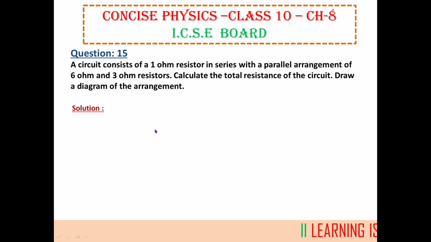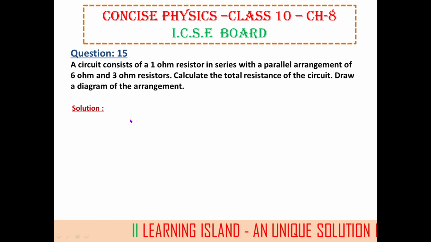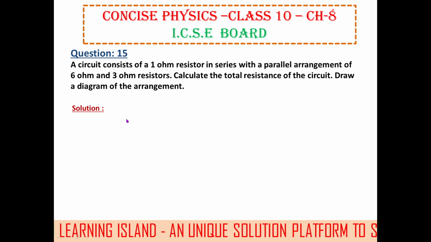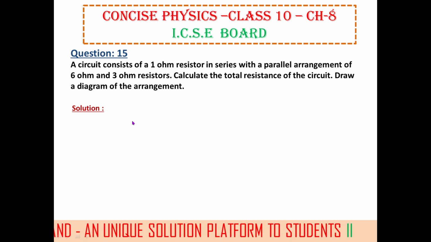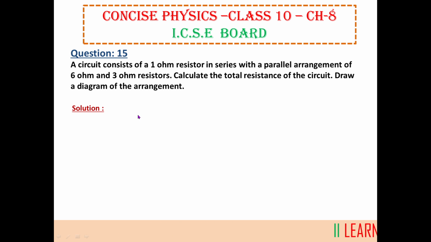Here you see a circuit consists of 1 ohm resistor in series. So the circuit is like this. If I draw the circuit step by step, 1 ohm is there in series with a parallel combination of 6 and 3 ohm.